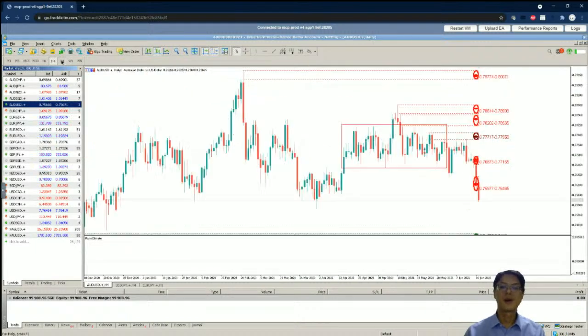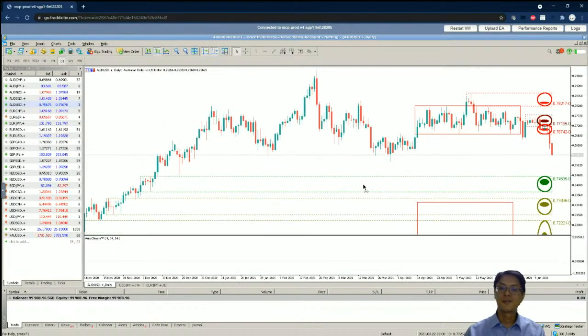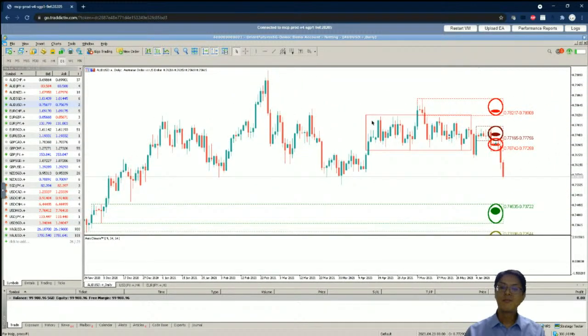Yeah, 4 hour. So on the daily, it's a little bit better there. And this is what we were looking at last time, where we're saying that Aussie was just basing around. We did get a bit of a move here, kind of spiking down a little, but then it finally broke through this area.